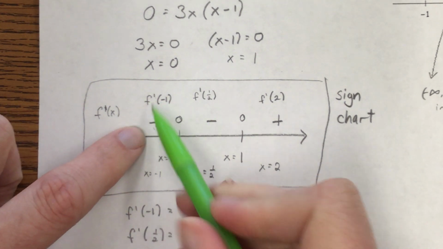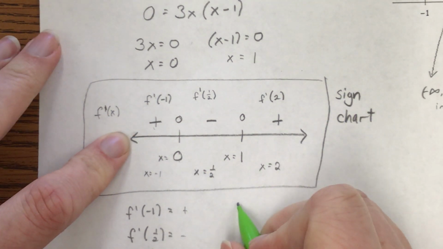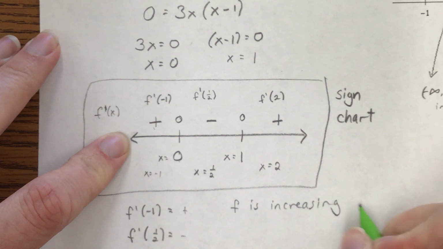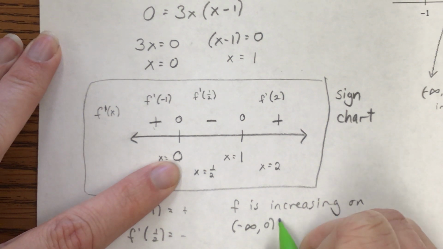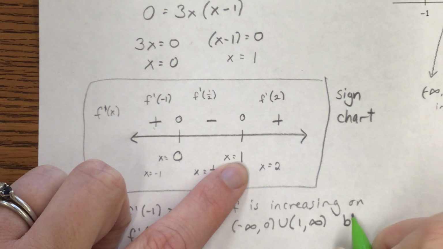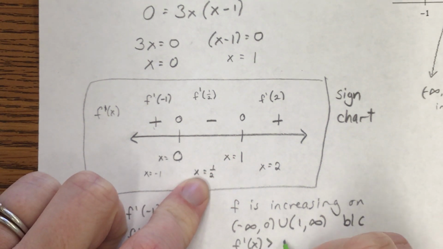So we know that because f prime is positive here and here, in those intervals, f is increasing on the interval negative infinity to 0 in union with the interval from 1 to infinity, because f prime of x is greater than 0.